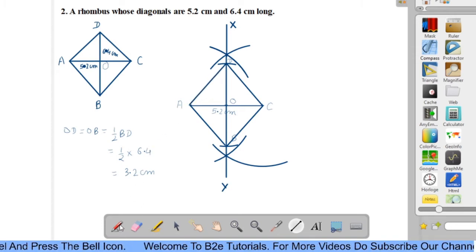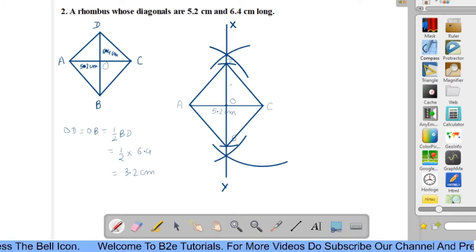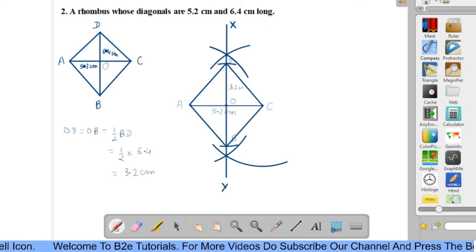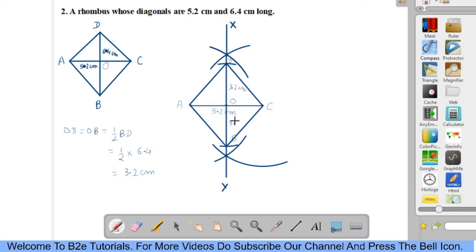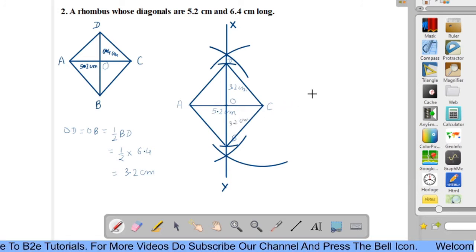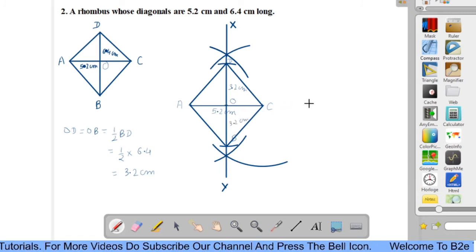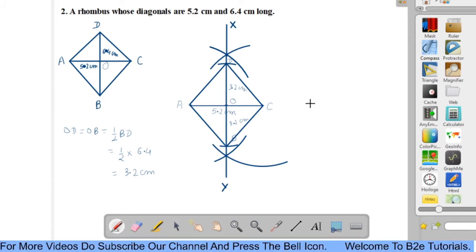Write the dimensions. OD equal to 3.2 centimeter. OB equal to 3.2 centimeter. Then ABCD is the required rhombus.